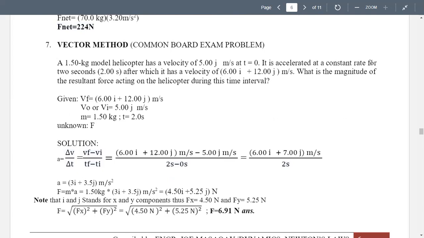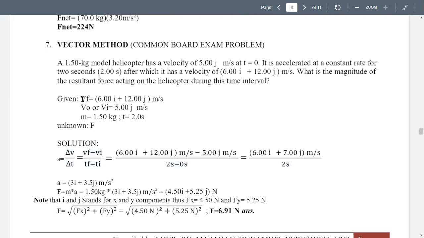It is accelerated at a constant rate for 2 seconds. After which, it has a velocity of 6i plus 12j meters per second. Okay, this is the final velocity. What is the magnitude of the resultant force acting on the helicopter during this time interval?